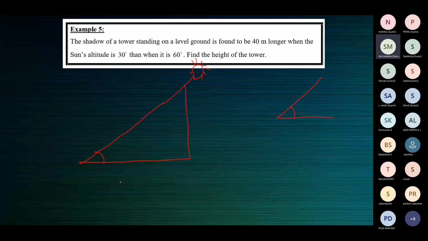The angle between the sun's rays and the surface of the earth is called the sun's altitude.